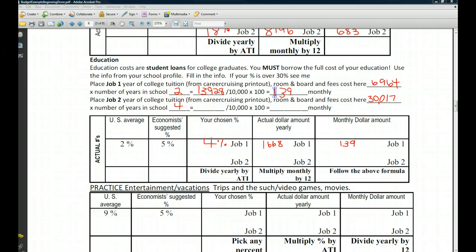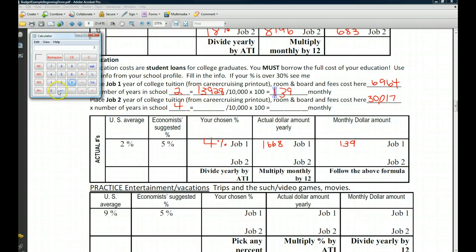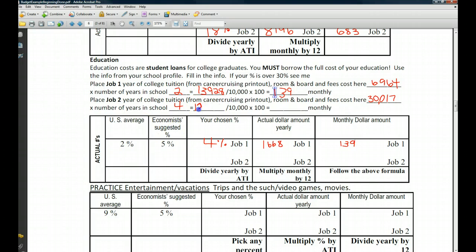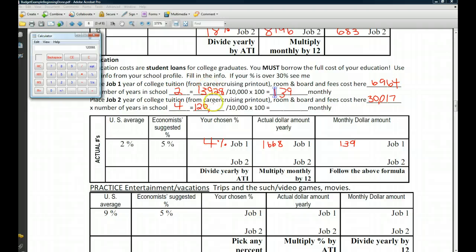So again, I get my calculator out. 30,017 times 4 equals 120,068.